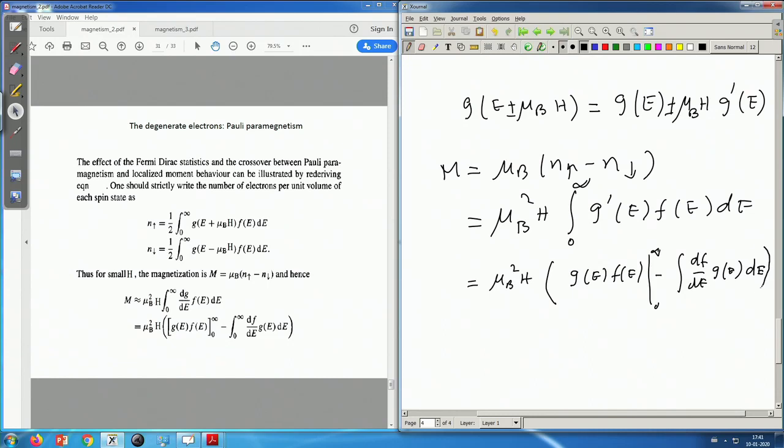So, that is the integration by parts, but now look at this, G(E) is 0 at 0 and F(E) is 0 at infinity. So, this term basically goes to 0. So, all we have is minus mu b square h times the integral of df/dE times G(E) dE to infinity. So, that is the integral we have to calculate.